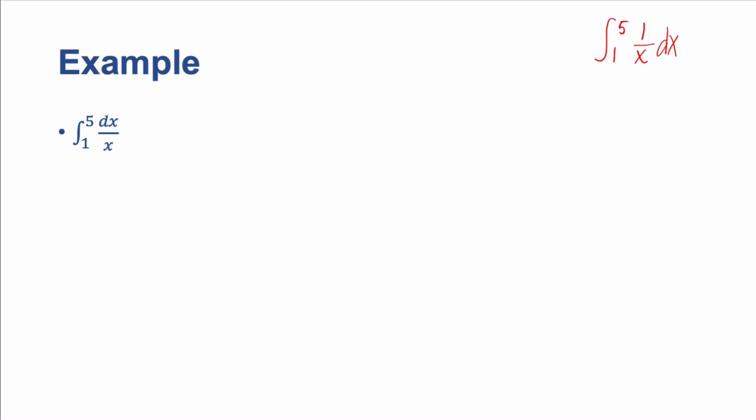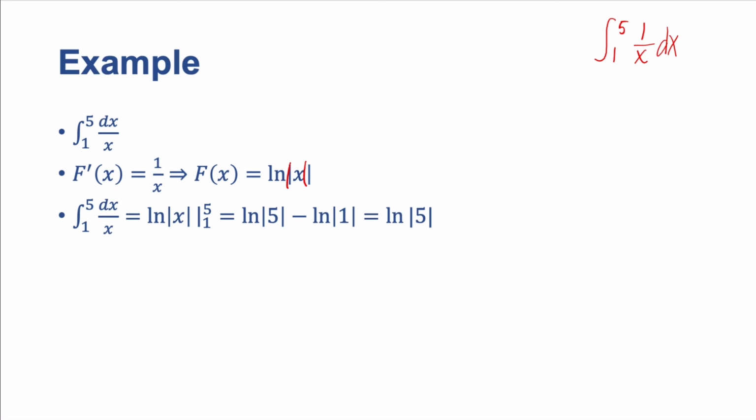Well, that's a special case. The natural logarithm of x gives us 1 over x when we differentiate it. And a side note that we did talk about in video 40, we need to add these absolute value bars around x when we talk about the antiderivative of 1 over x. All right, so now we've found our antiderivative.